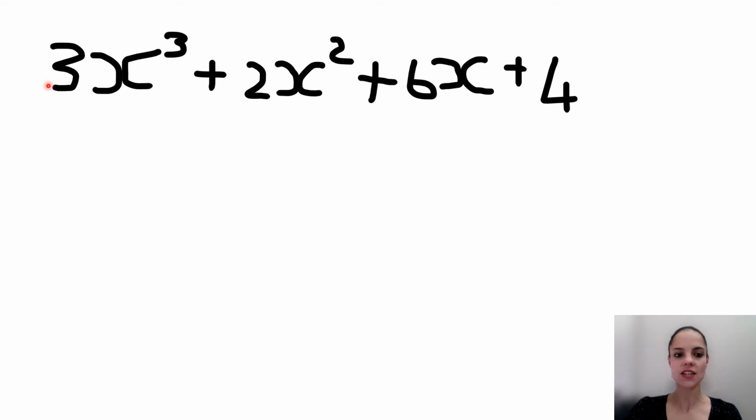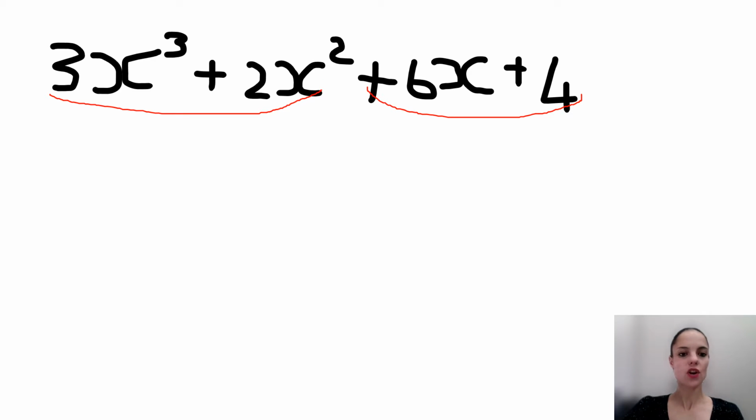But in this instance, you can't take out something from all 4 terms. So what do we do? We do this by grouping. So we will say this is a group, and this is a group. We look at the 2 terms like this.